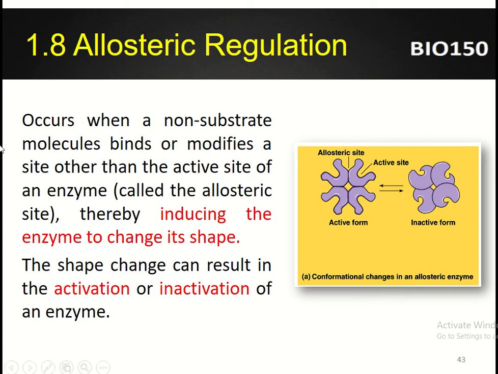Meaning to say, the allosteric regulator is a molecule that binds to the allosteric site of the enzyme, and it can change the shape of the enzyme. The change in the shape of the enzyme can result in either activation or inactivation of the enzyme.